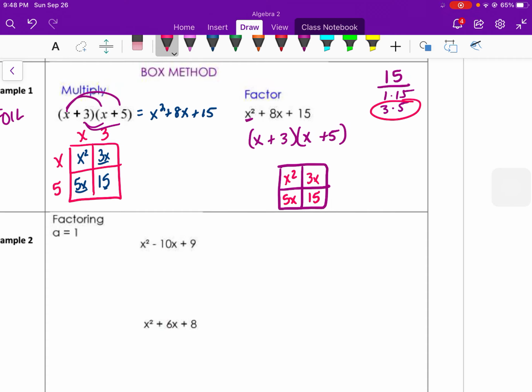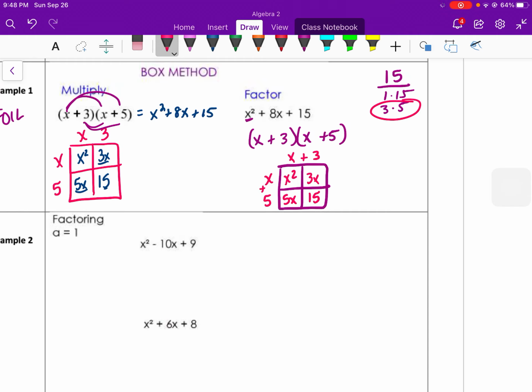And then you work your way out, finding the outside of the box. So x times x had to be x squared, x times 3 was 3x, and x times 5 was 5x. So my factors are x plus 3 and x plus 5.